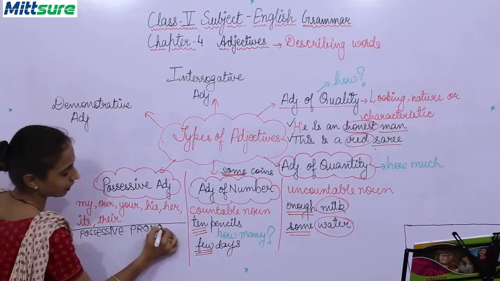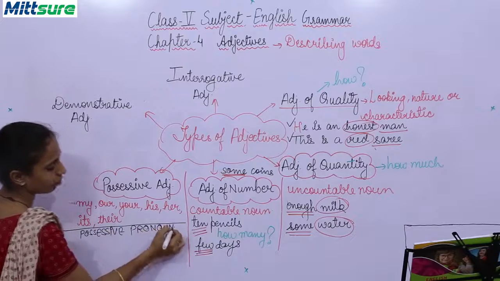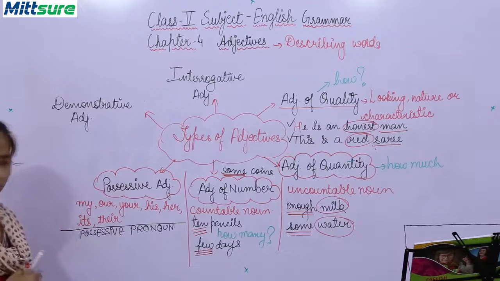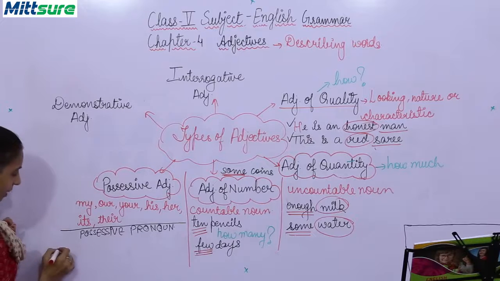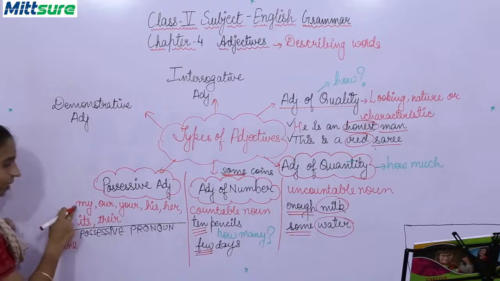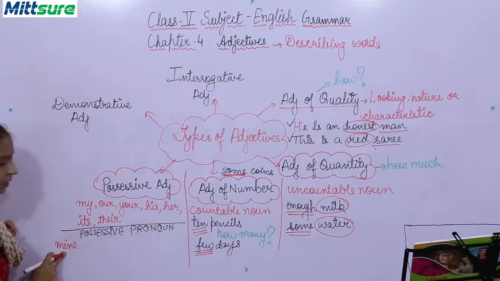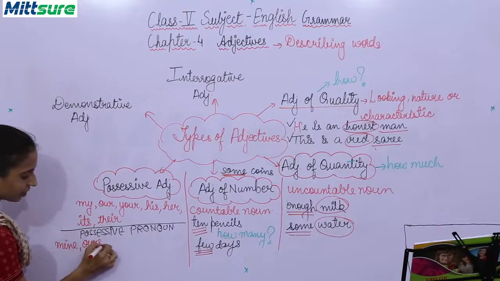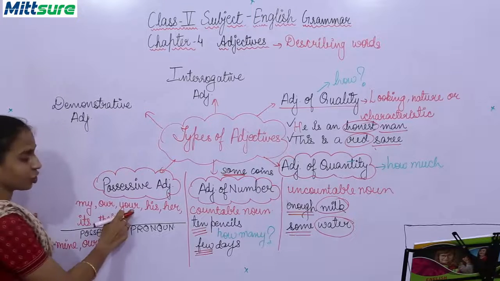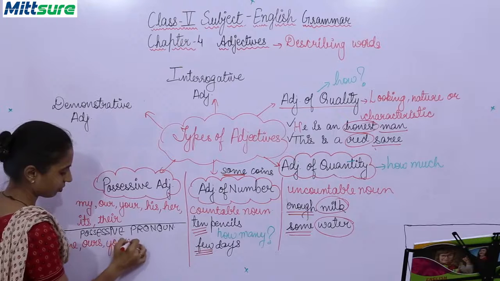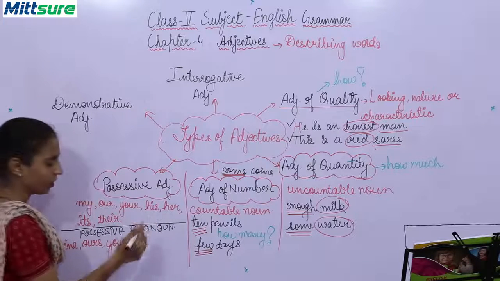They are totally different from possessive adjectives. So, there is no need to get confused. The first one is mine. Instead of my, we use mine. Our, ours. Just add S. Your, yours. His will remain the same.